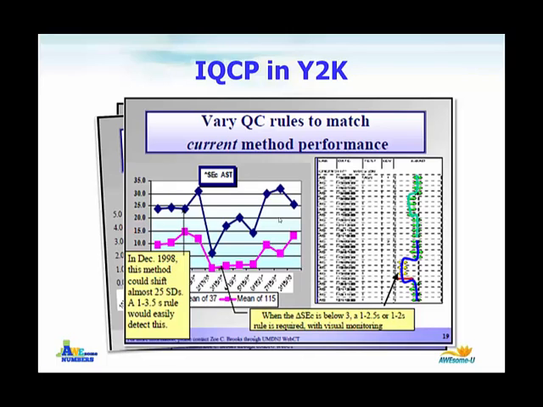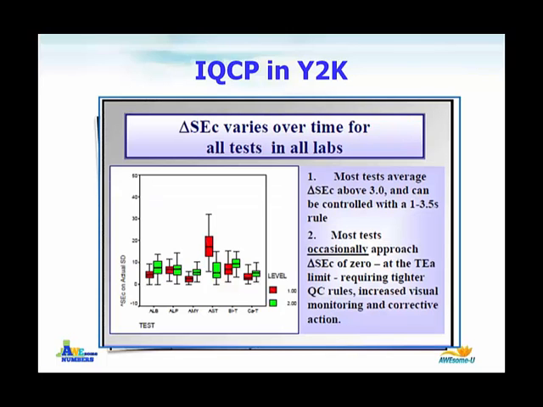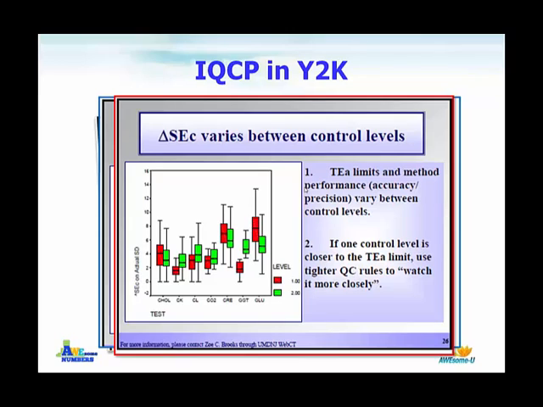I don't know if other studies have been done. What we did see is that critical systematic error varies over time for all tests in all labs, and that it's different between control levels. Control level 1 and control level 2 did not have exactly the same pattern.